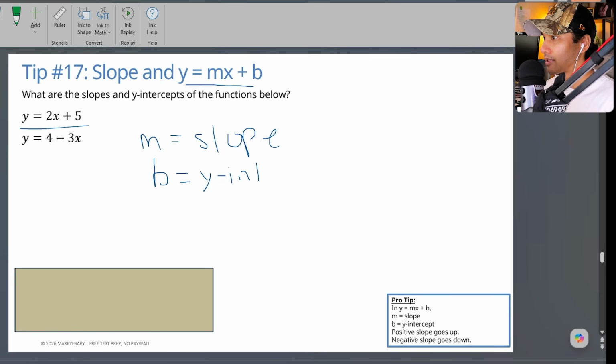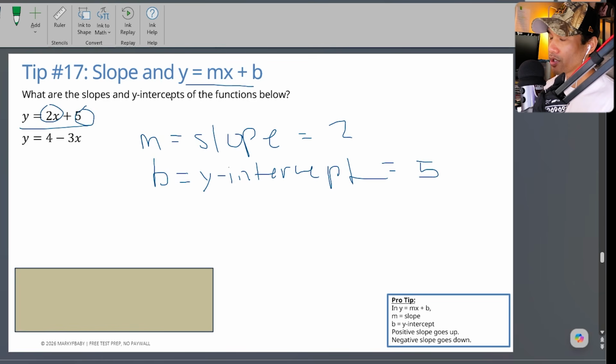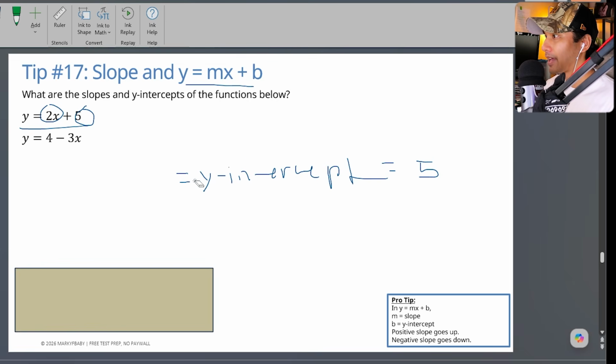That's it. Super simple. In this function, 2 is our slope, and the y-intercept is 5 for this equation. Easy. Now, let's go to the next function.